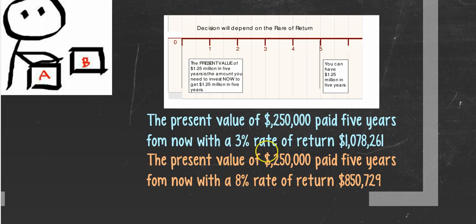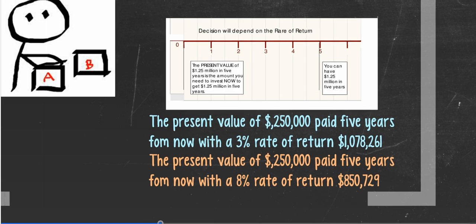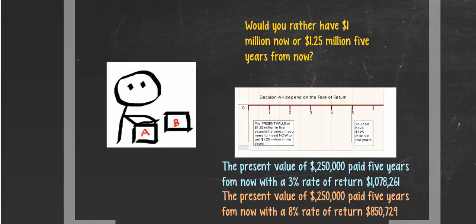The present value of $1.25 million paid 5 years from now with an 8% rate of return is $850,000. Present value is always going to be less than future value, because present value talks about taking an amount right now and investing it and earning some return on it to get a larger amount in the future.